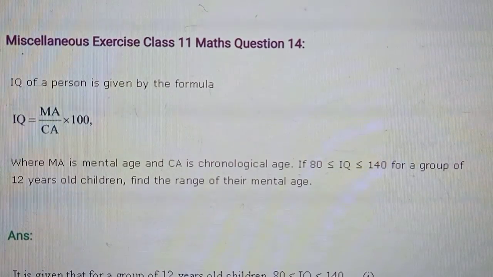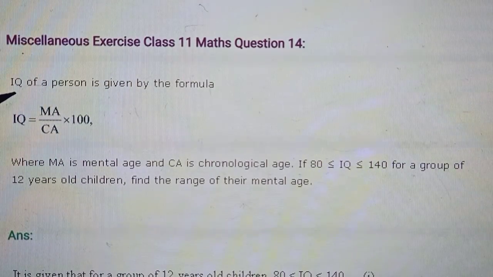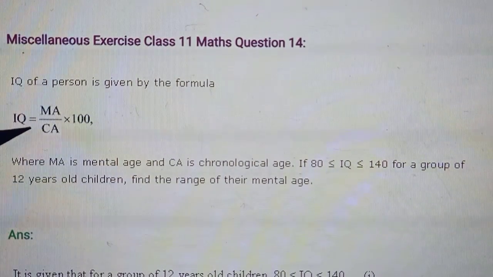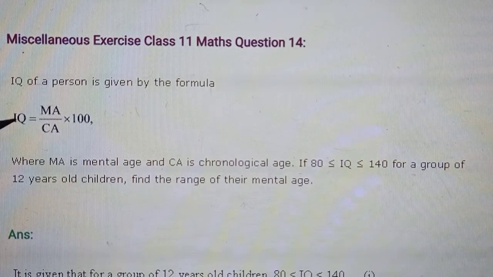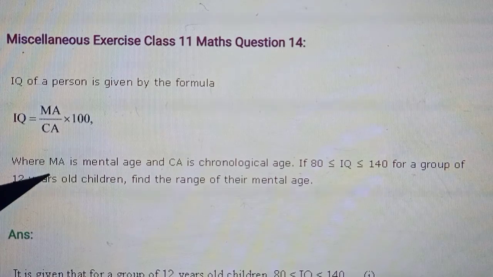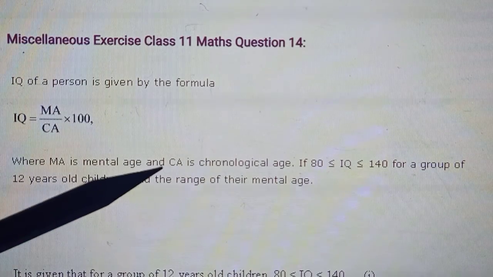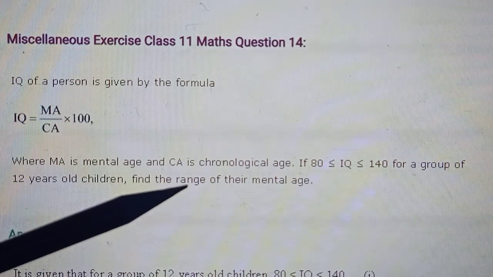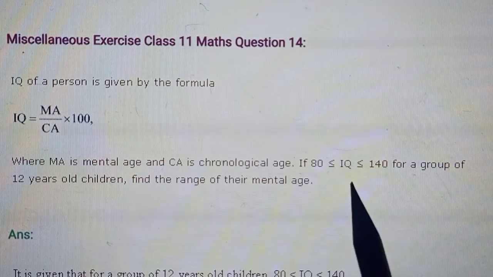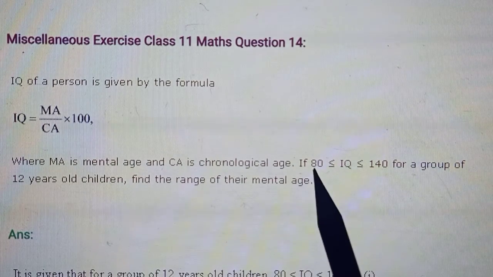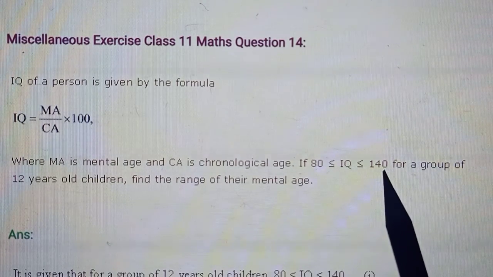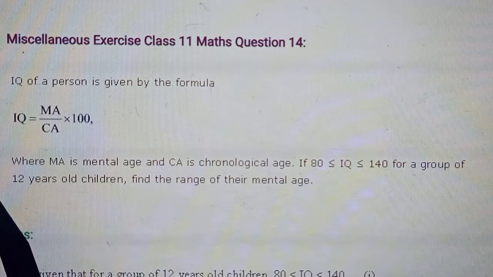The last one also is easy enough. The IQ of a person is given by a formula, like we had earlier for the relation between C and F. Here they are saying that IQ of any person is MA upon CA into 100, where MA is mental age and CA is chronological age, and they have told you that IQ for a group ranged from 80 to 140, for the group of 12 years.